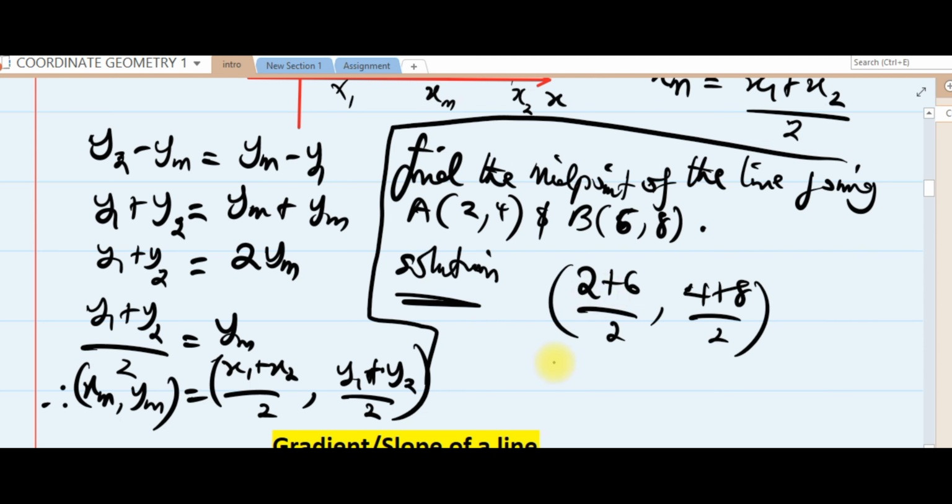That's the answer. 2 plus 6 is 8, so 8 over 2 is 4. And 4 plus 8 is 12, so 12 over 2 is 6. So that's the coordinate of the midpoint. You don't need to waste your time.